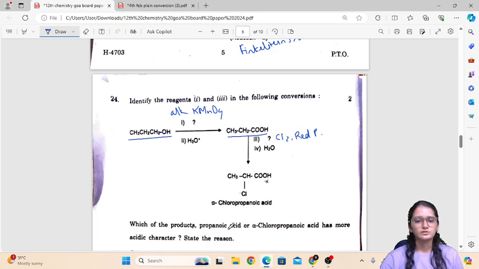Which of the products, propanoic acid or alpha-chloropropanoic acid, has more acidic character? State the reason. This is propanoic acid and this is alpha-chloropropanoic acid. They have asked which has more acidic character, and you have to give the reason.